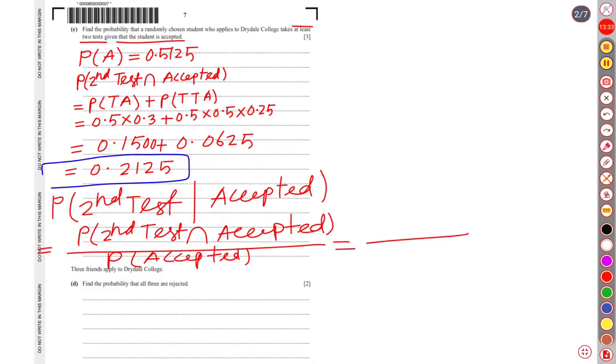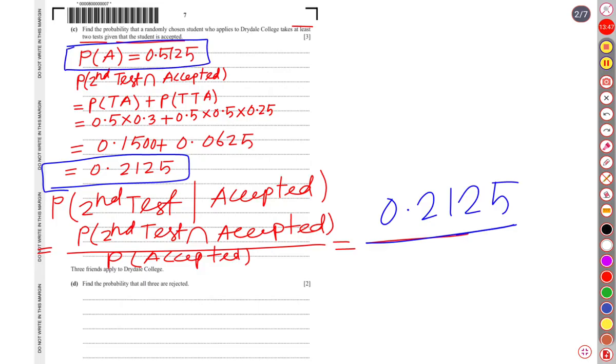Second test intersected by accepted is 0.2125. Then the probability of acceptability without any restriction is 0.5125. Then what will the answer be? Let us do this division.